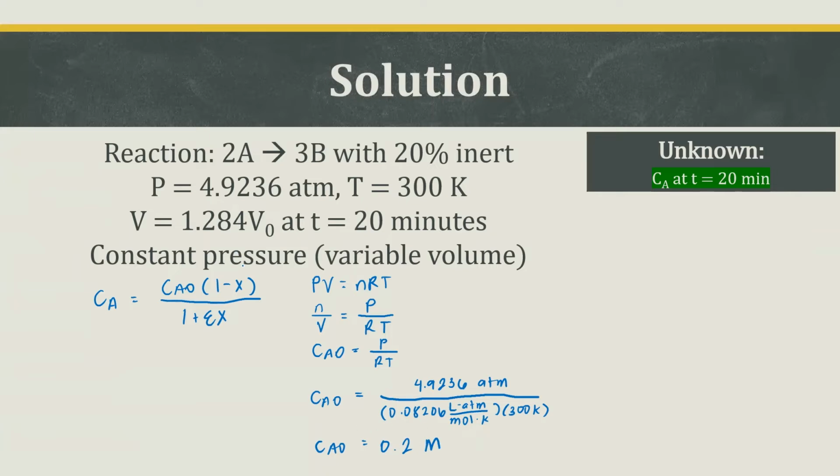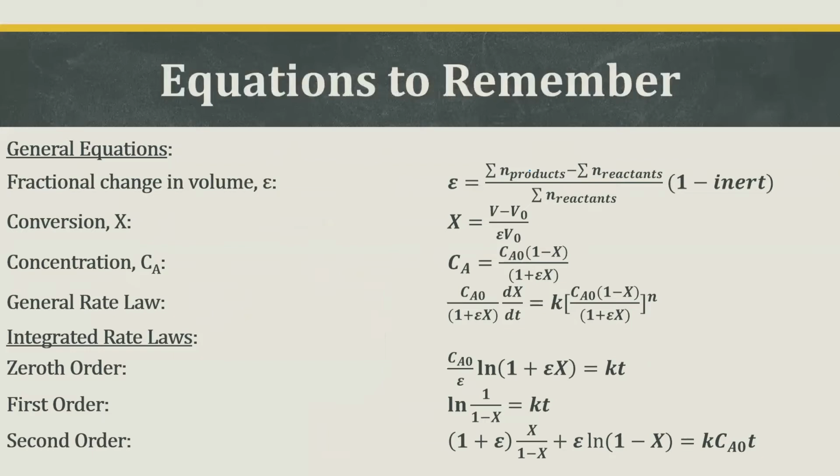Let's now try to solve for epsilon. Epsilon is the number of moles of products minus moles of reactants, all over the moles of reactants times the quantity 1 minus inert, or this is the fraction of all of the reacting species.